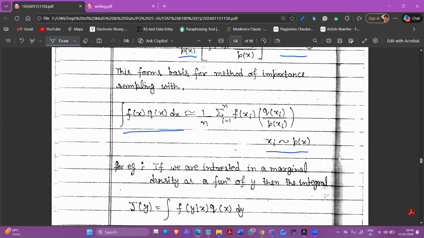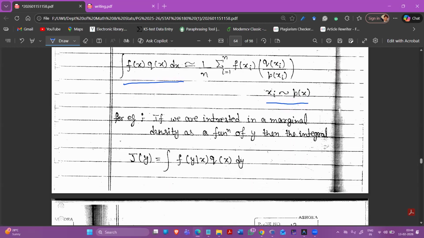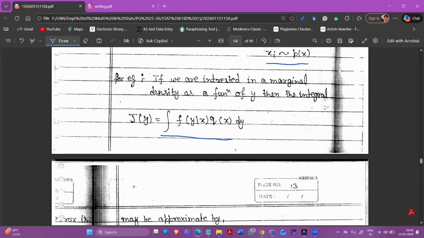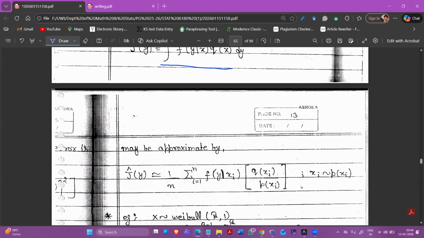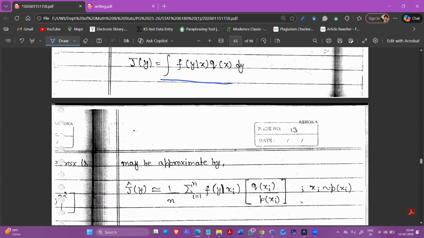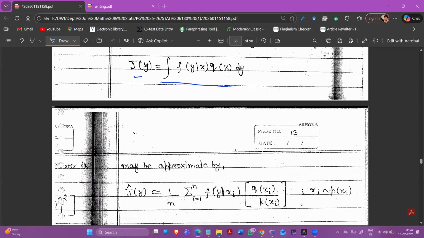All right. So if we are interested in a marginal density function, here we are taking the example of the marginal density function of y, then the integral j(y) equals the integral of f(y given x) into q(x) dx. We need to find this one. Okay, so then we may approximate this density function j(y) as 1 upon n, summation i goes from 1 to n, f(y given xi) into q(xi) divided by p(xi).